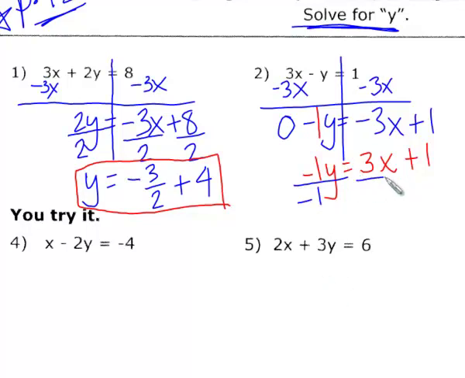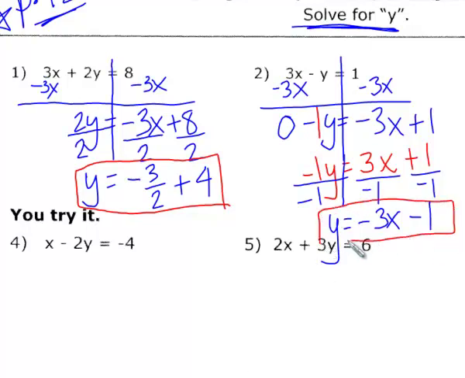So divide here by negative 1, divide here by negative 1. I need to extend my line a little bit. So I have y equals, and negative 3x divided by negative 1 gives me 3x. Then a positive 1 divided by negative 1 gives me a negative 1. So that is completely solved.